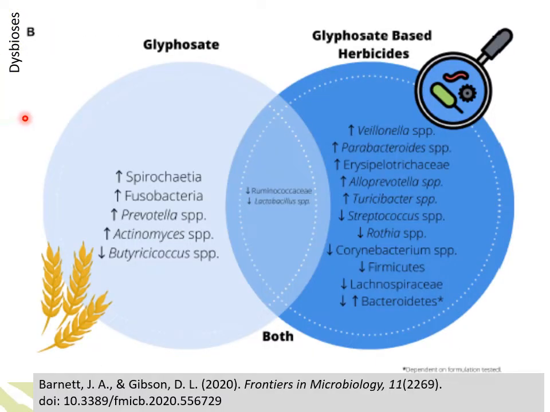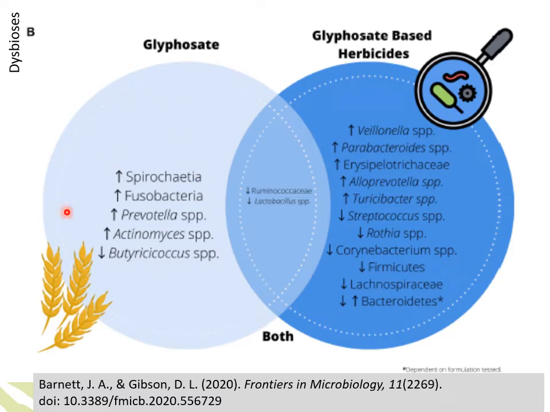I do not know what the situation is in Bosnia, but around here, and especially in North America, a lot of people claim they cannot eat wheat well. They claim that it gives them problems in their bowels, in their intestine. So they checked what glyphosate does to the microbiome.